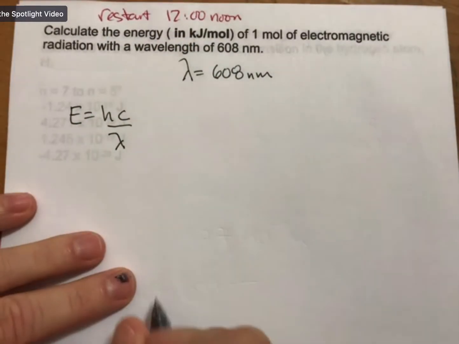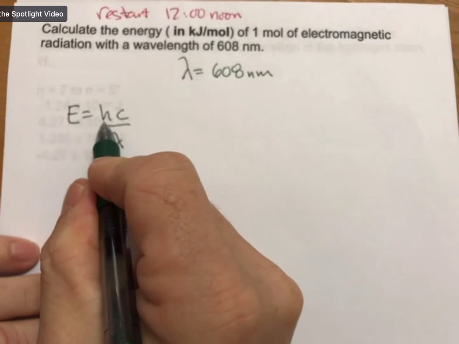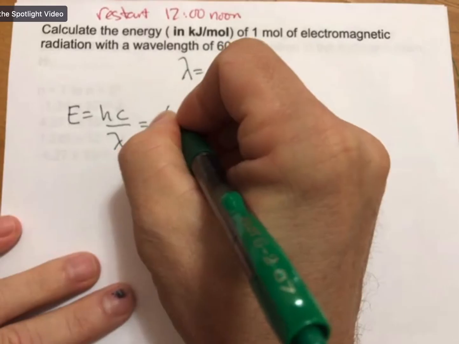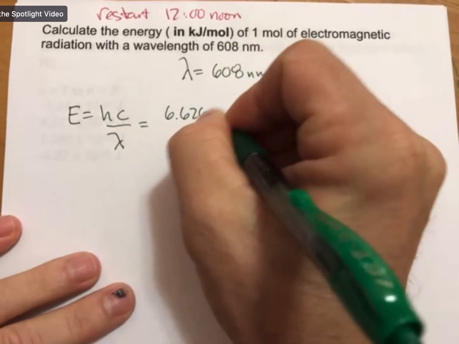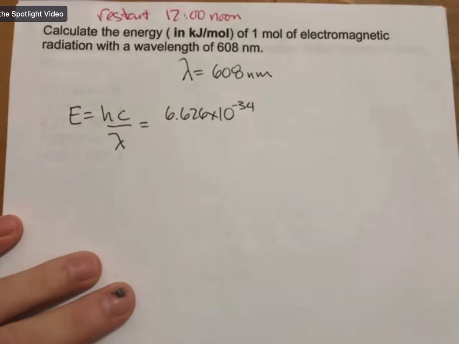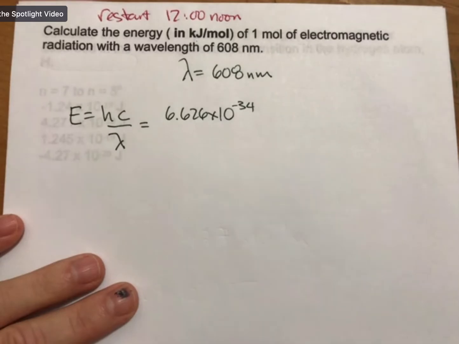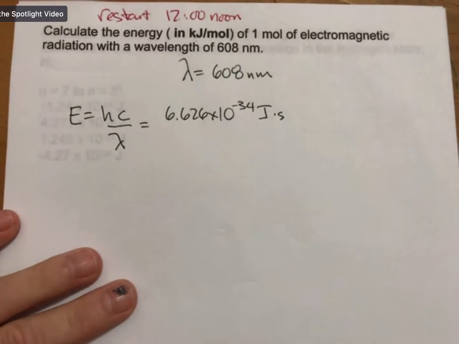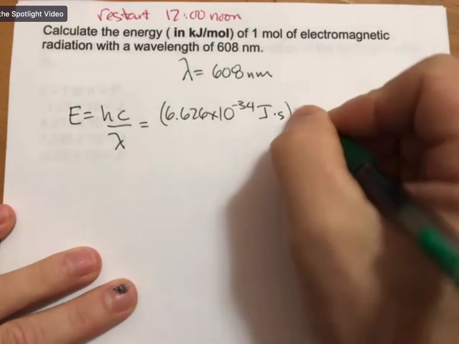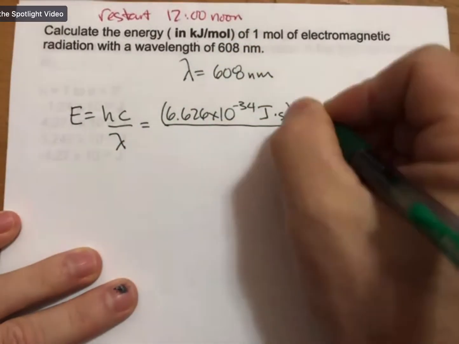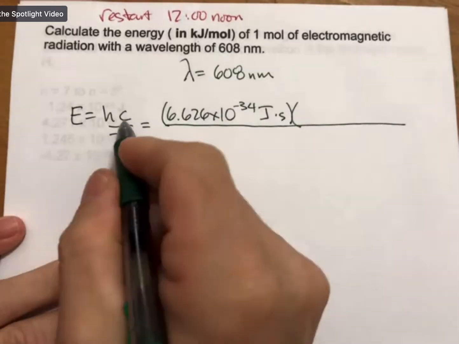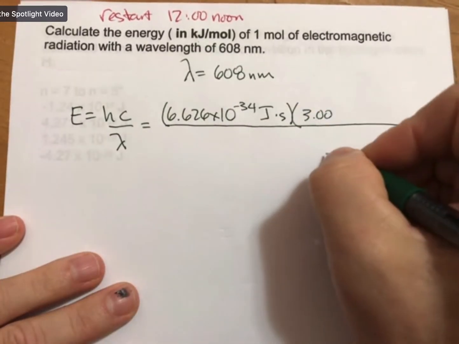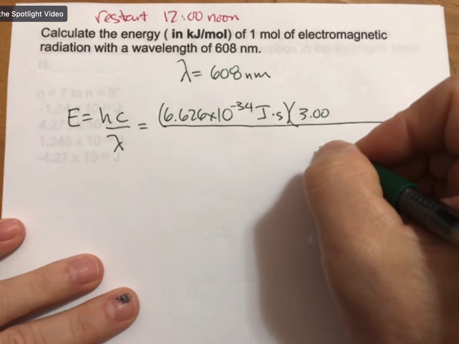The equation was that energy equals Planck's constant times the speed of light, c. Planck's constant is 6.626 times 10 to the minus 34th, and the units are joule seconds. The speed of light, c, is 3.00 times 10 to the 8th meters per second.